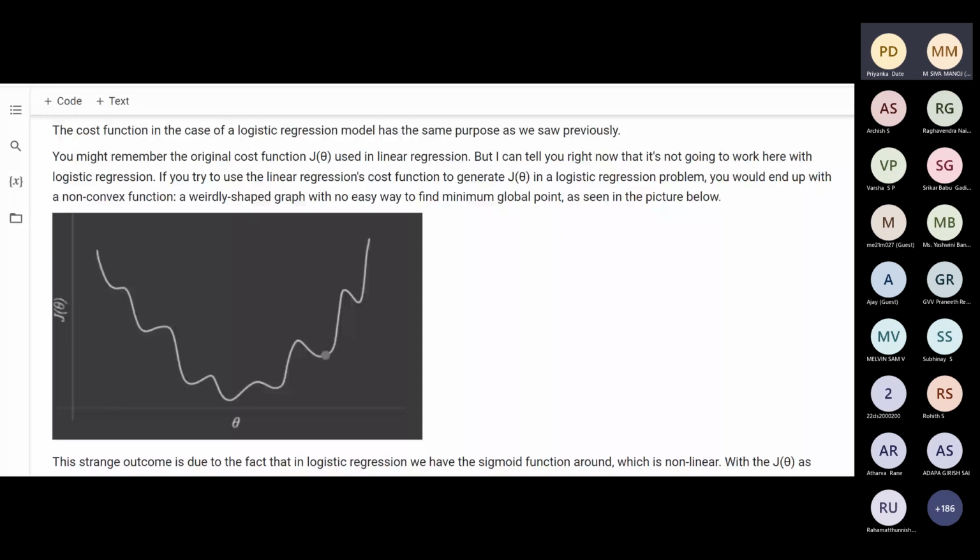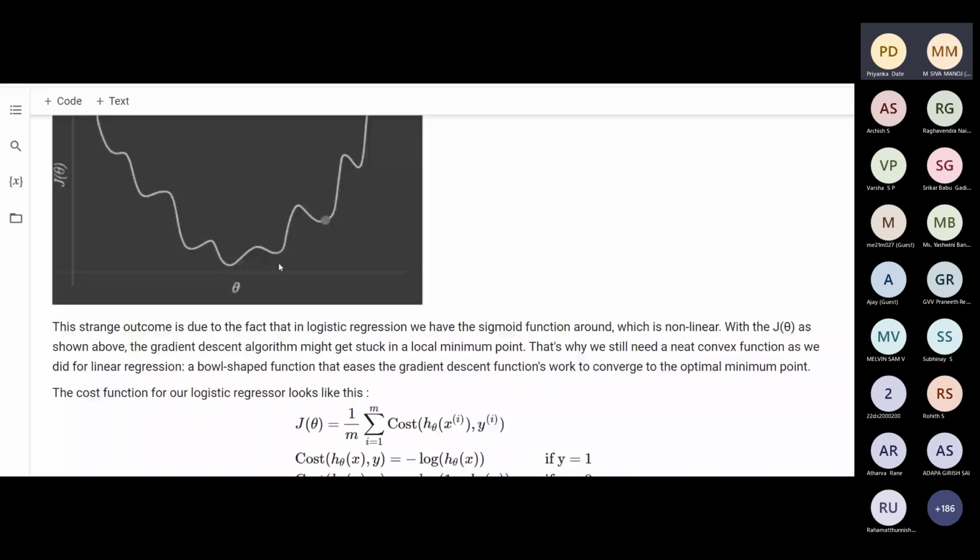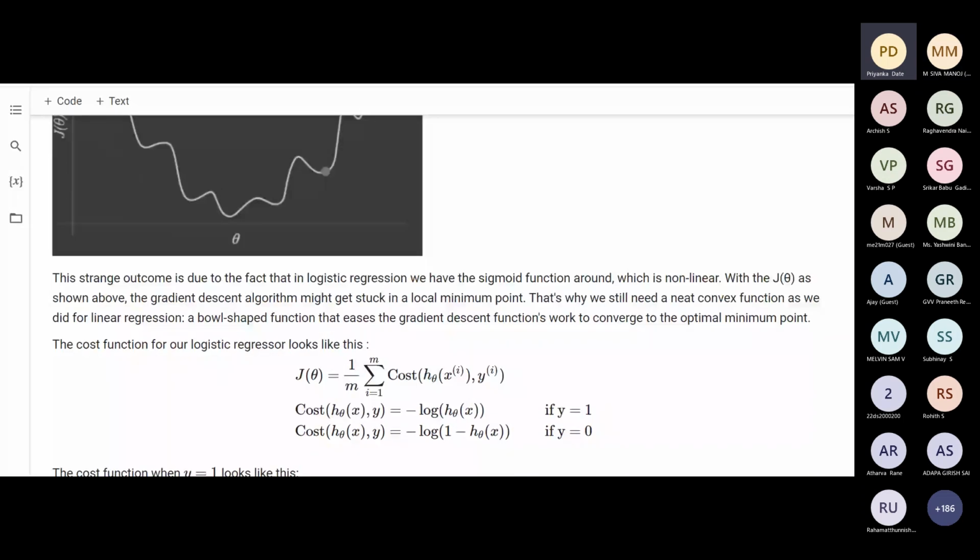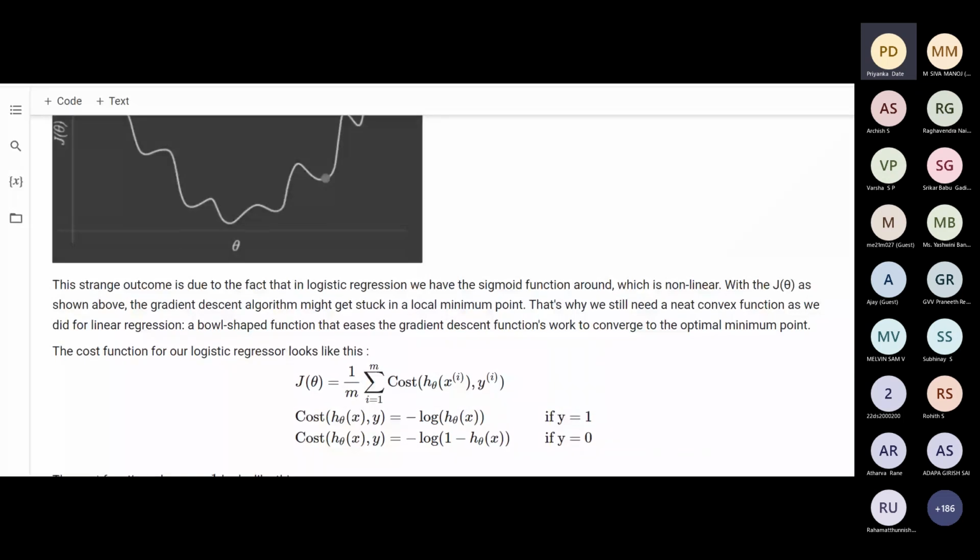To overcome this problem, we use a different loss function called the cross entropy loss function, which takes into account two cases: when the actual output is y equals 1 or y equals 0. When y is equal to 1, our cost function is minus log of h of x, and when y equals 0, our cost function is minus log of 1 minus h of x.